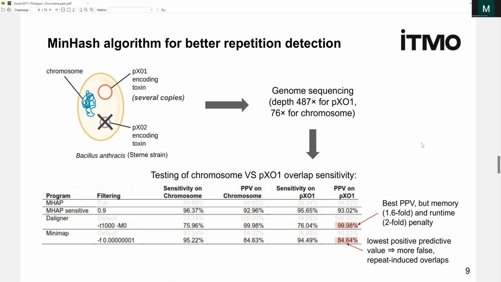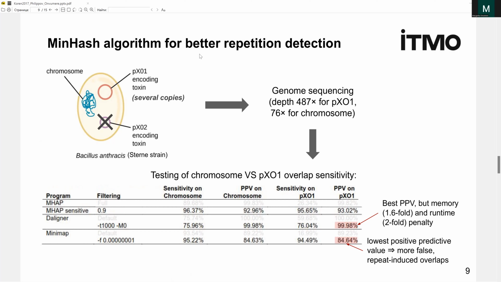And so the MinHash algorithm was compared to Daligner and Minimap. And as we can see, Minimap has the lowest positive predictive value, which means that the number of reads that were correctly mapped divided by the overall number of reads was the lowest, which means that there are more false repeat-induced overlaps.